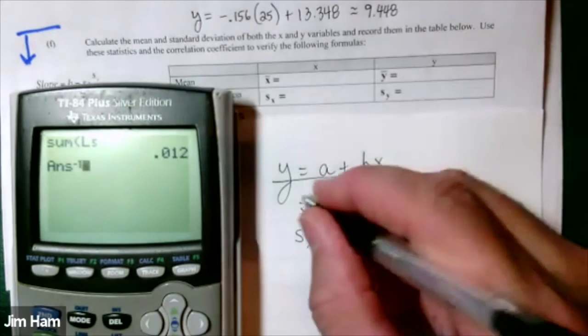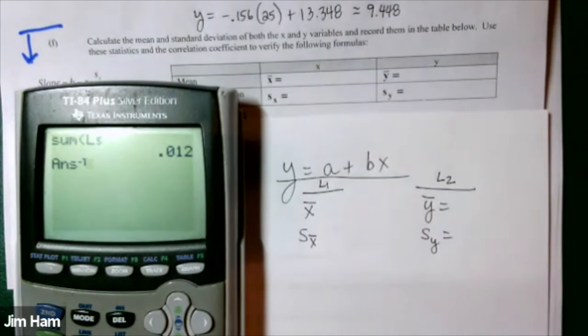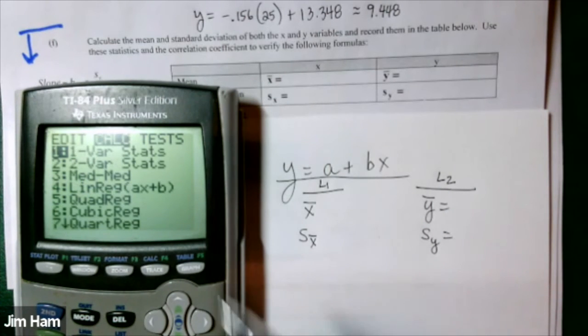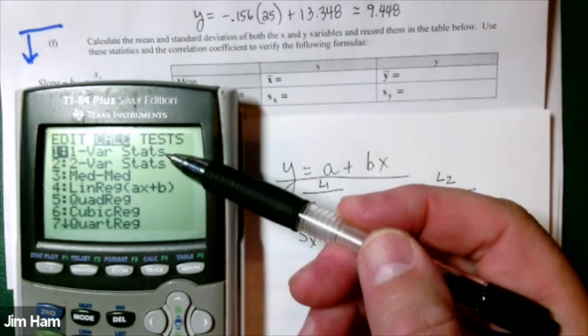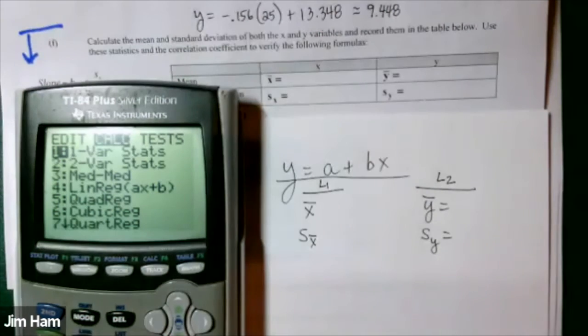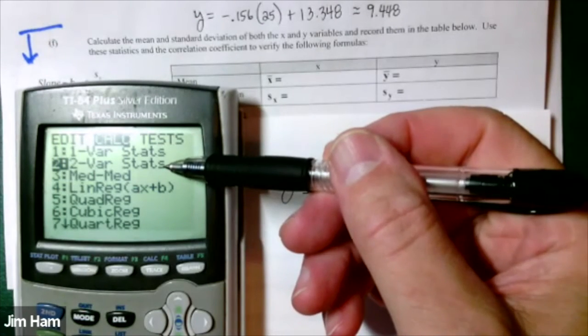Now, we have our x values in L1, we have our y values in L2. So we're going to do stat and then calculate, and we can do one variable statistics. Now, there is another feature here called two variable statistics. So you can either do one variable statistics twice, once for the x coordinates and once for the y coordinates, or this new function that we've never used before, the two variable statistics.